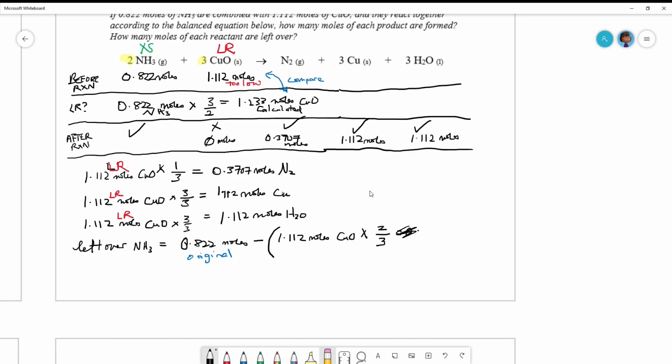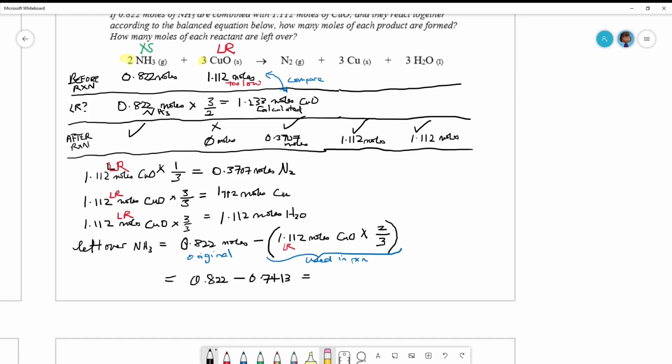Let's do this separately here. What this calculation is ultimately going to give us, where again this is the limiting reactant here, is the amount of ammonia that gets used in the reaction. And when I did the calculation, I got 0.822 moles original minus the calculated amount of ammonia that gets used up in the reaction, 0.7413 moles.